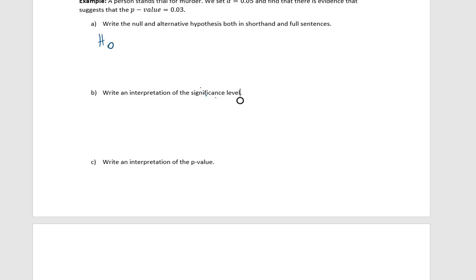So our null hypothesis is that they are not guilty. Okay? Our alternative hypothesis is that we do find them guilty.